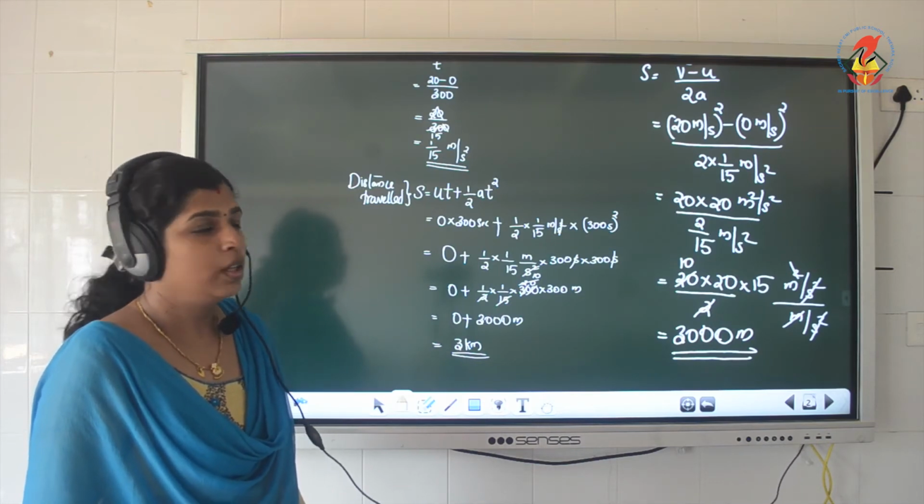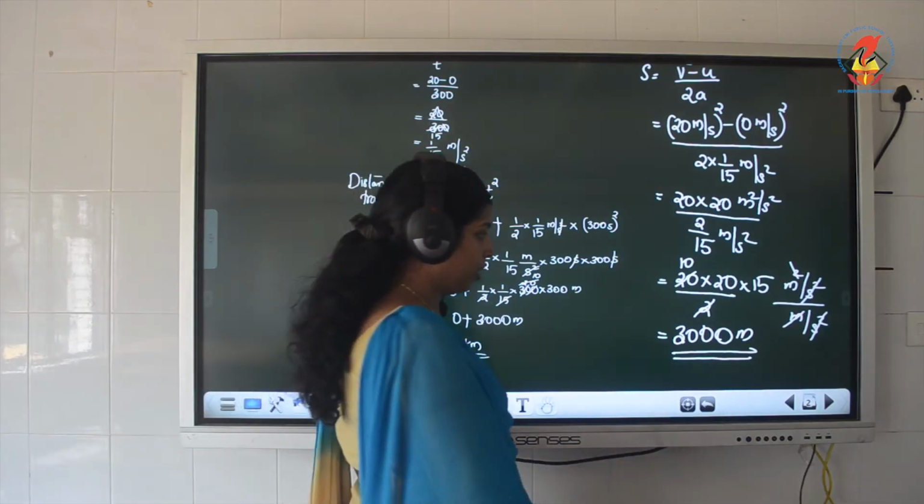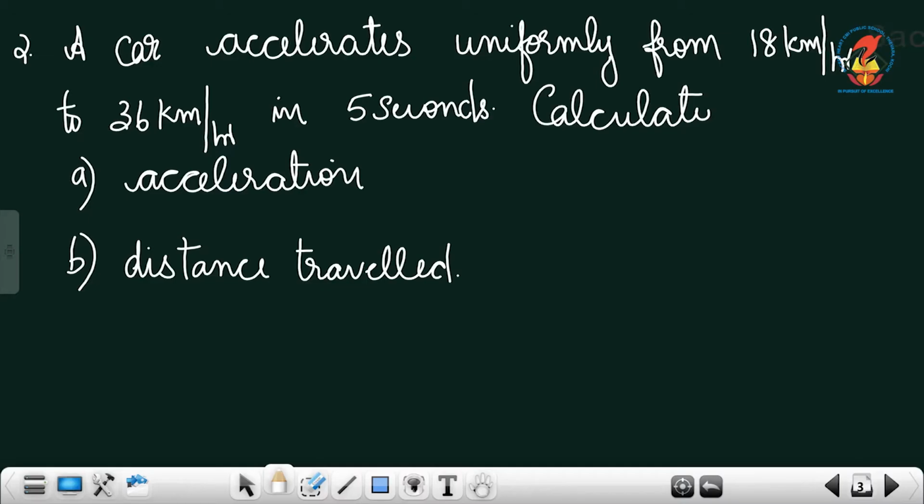Okay. So, we will do the next problem, that is, a car accelerates uniformly from 18 km per hour to 36 km per hour in 5 seconds.